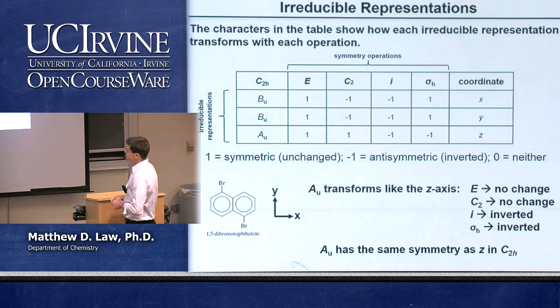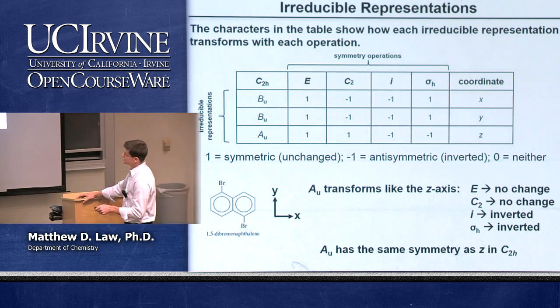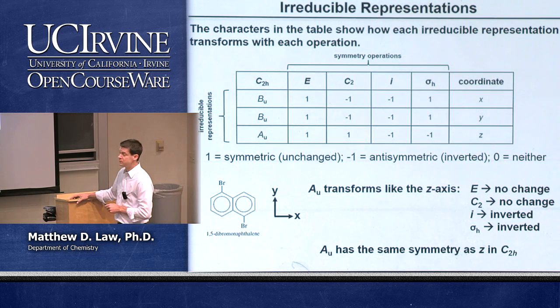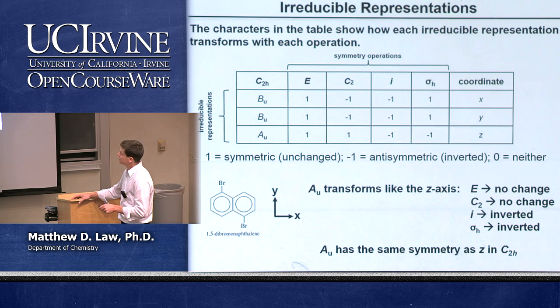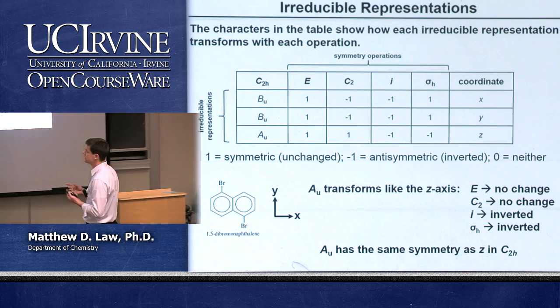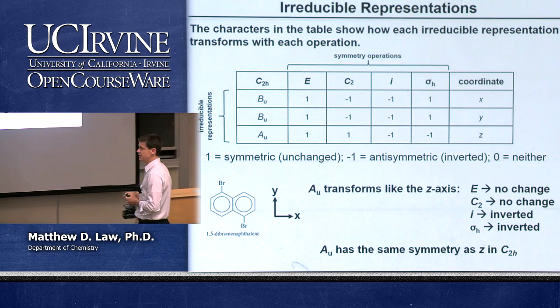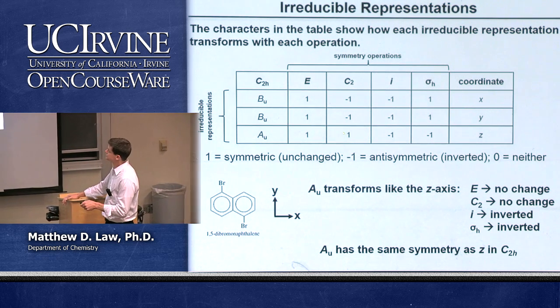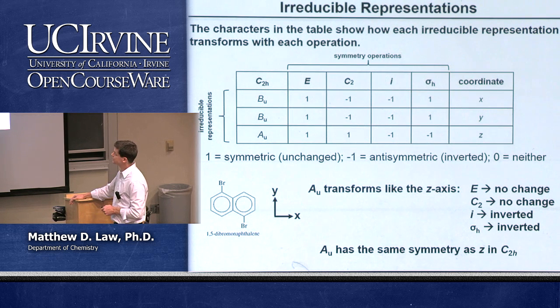Let's just start with this one arbitrarily. For the AU irreducible representation, we see that it transforms like the z-axis transforms in the molecule. Everything is going to be unchanged under identity. For C2, the z-axis is unchanged, right? The C2 is parallel to the z-axis, so flipping 180 degrees around the z-axis does not change the coordinate. So we have a symmetric or unchanged character there.